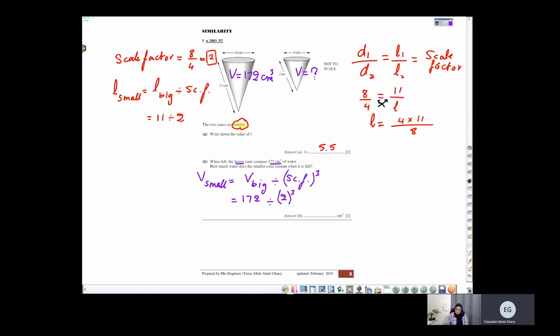It will be 21.5 centimeters cubed. Okay, in other words, volume factor is scale factor but cubed, which is 2 cubed, which is 8. Just divide this volume by 8, you will get the smaller volume.